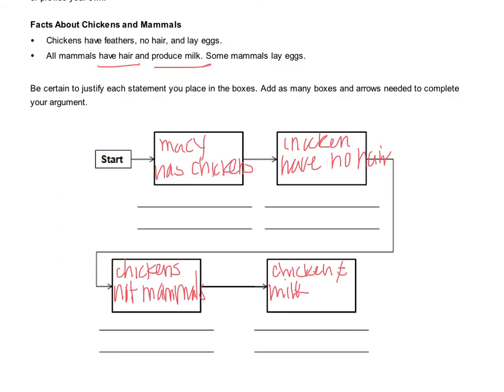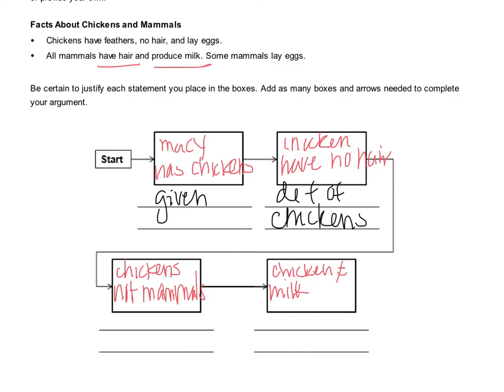If we talk about why, well, the first thing is our given: Macy has chickens, we're told that. How do we know the chickens have no hair? Because we know the definition of chickens. We know what they are composed of.